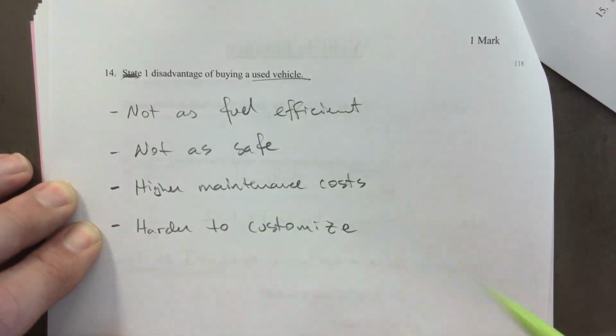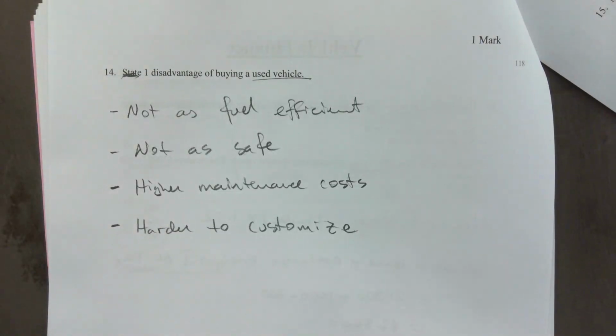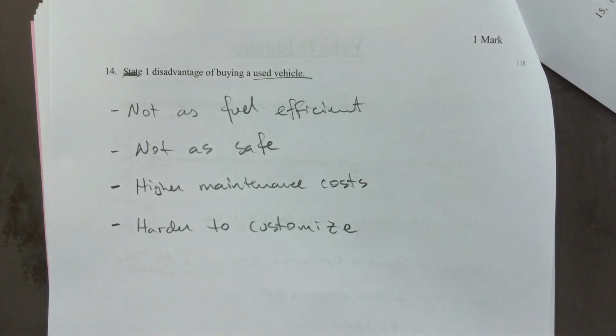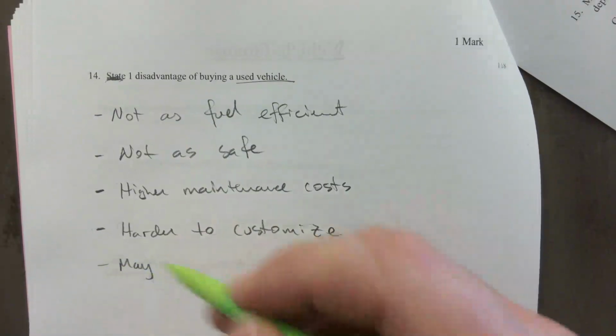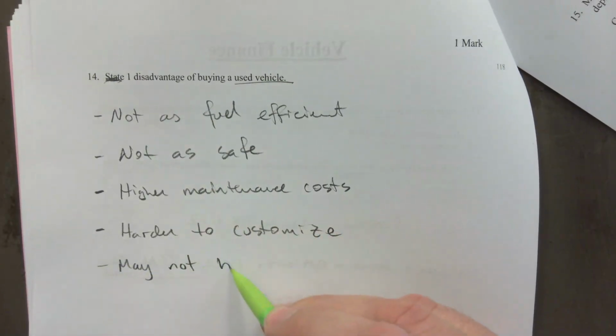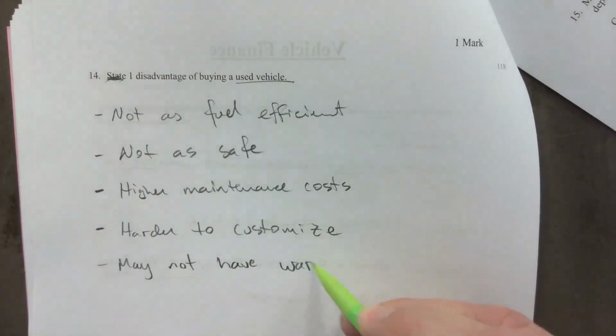Because when you buy it brand new, you can just say, I want all these things, and it just comes built in. May not have warranty. That is huge.